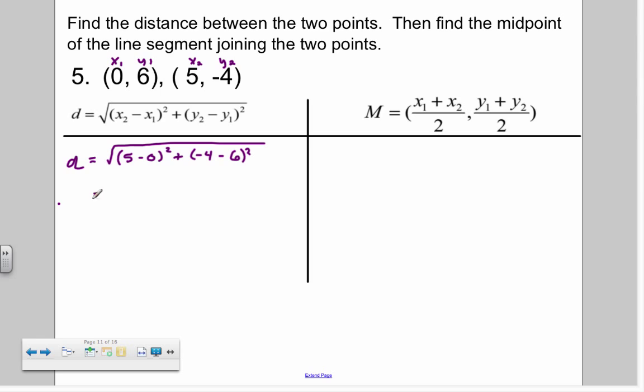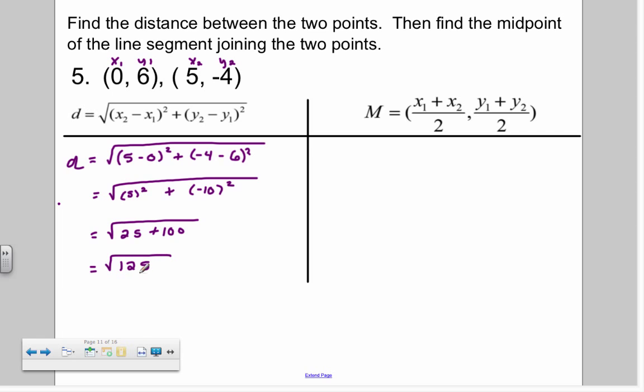Well, when I simplify this, 5 minus 0 is just 5 squared, and negative 4 minus 6 is negative 10 squared. 5 squared is 25, and negative 10 squared is 100. So here I'm left with the square root of 125.